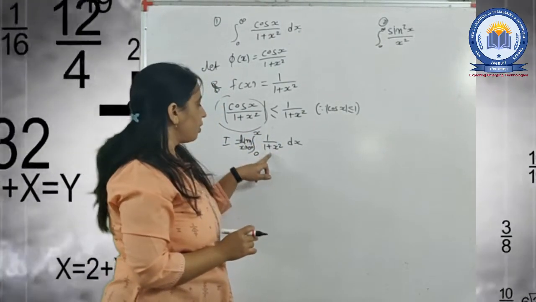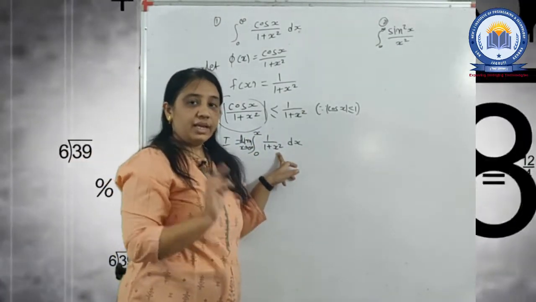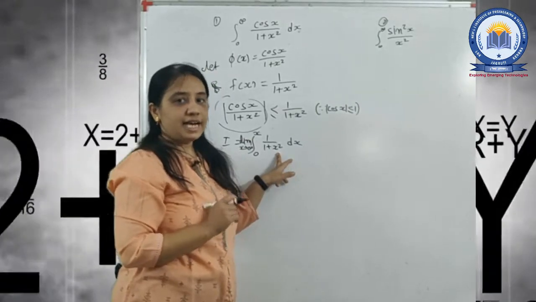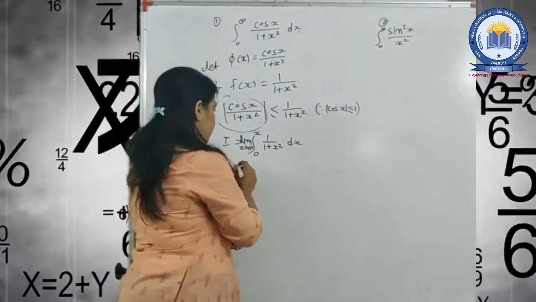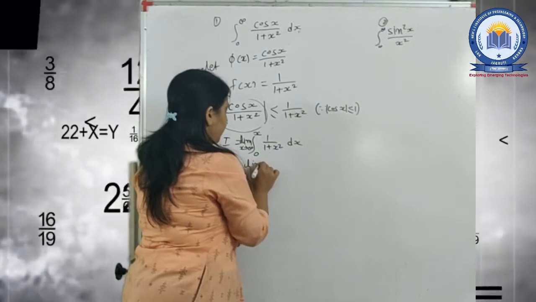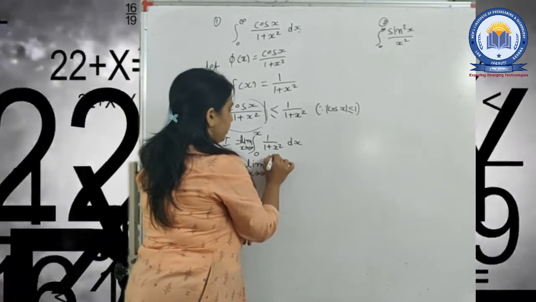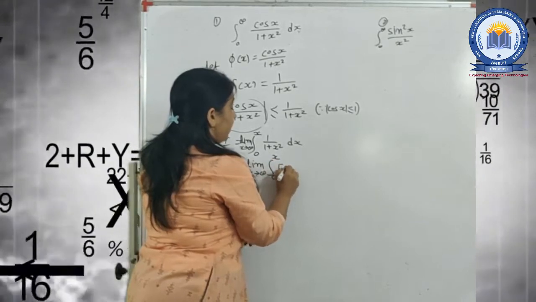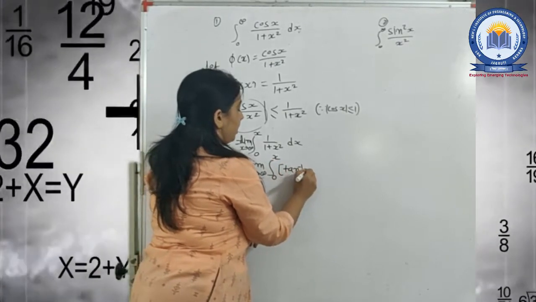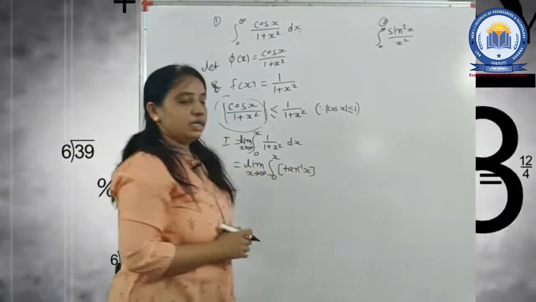Now the integration of 1 upon 1 plus x square is tan inverse x. So we will rewrite it as integration 0 to x, tan inverse x.